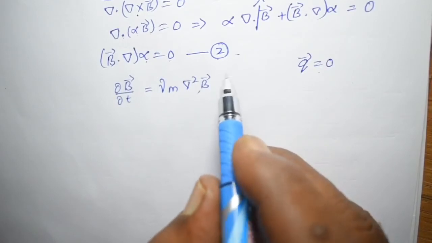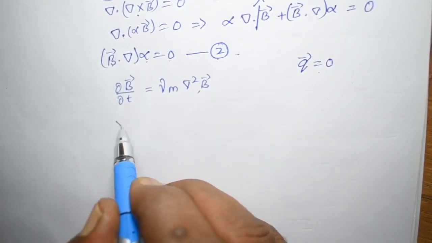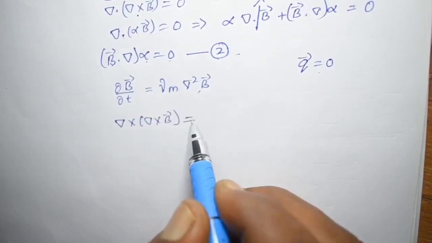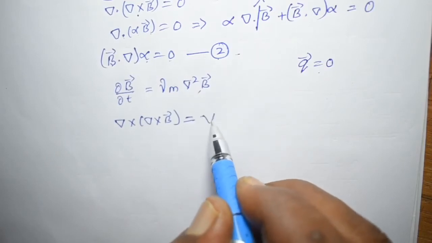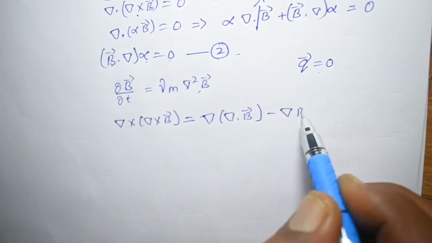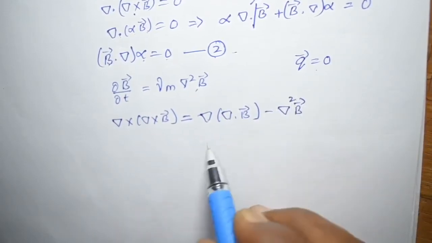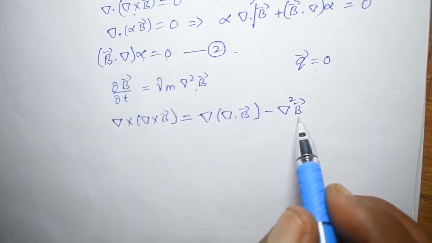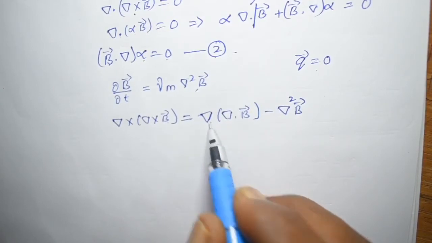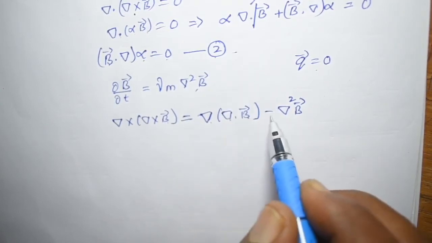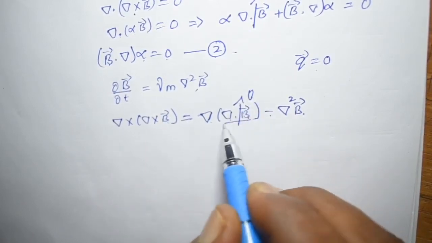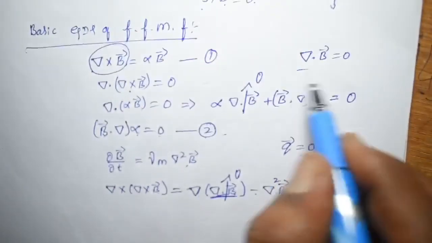From the vector identity, we know that curl of curl of B is equal to gradient of divergence of B minus Laplacian of B. But this term tends to 0 because del dot B is 0 by the solenoidal property.